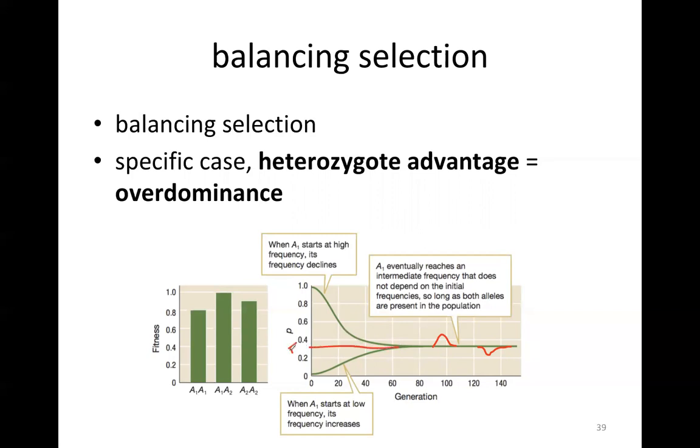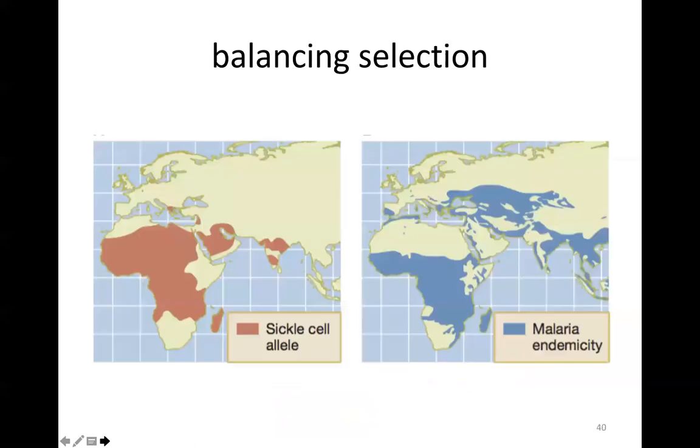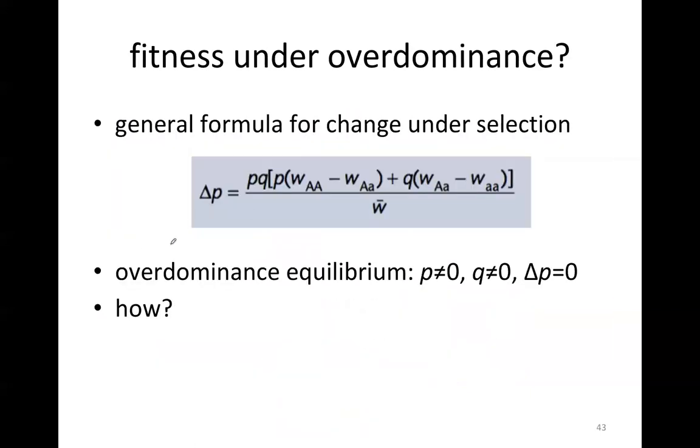And now we want to calculate, so I suggested that this formula is sufficient to calculate the delta P in balancing selection as well. So if that's the case, can we estimate that allele frequency at which we see equilibrium, at which there's no further change?